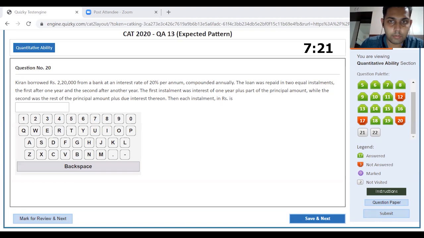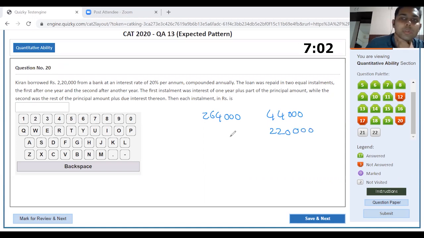220,000. 44,000 is interest. 264,000 and 44,000. Right. Is interest over here. While this is the principal.